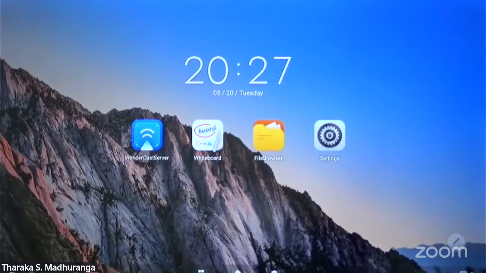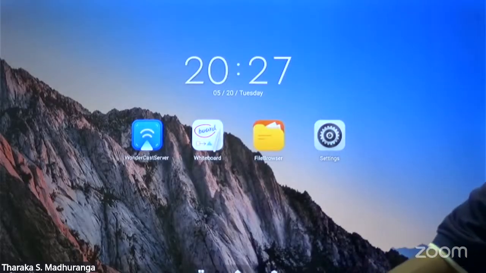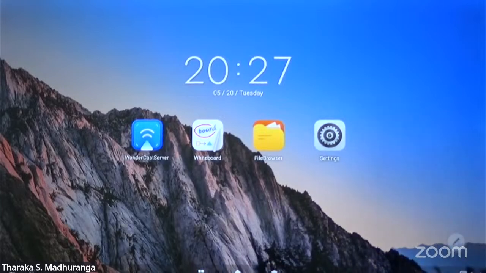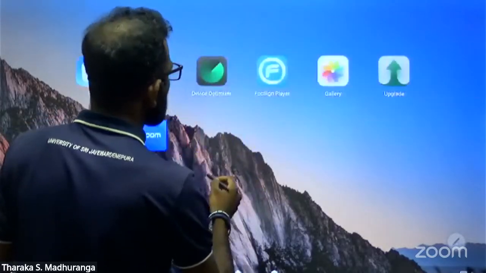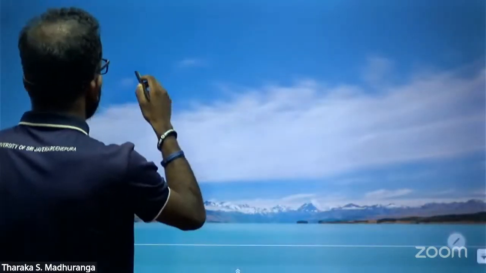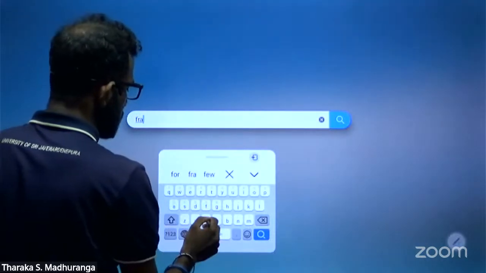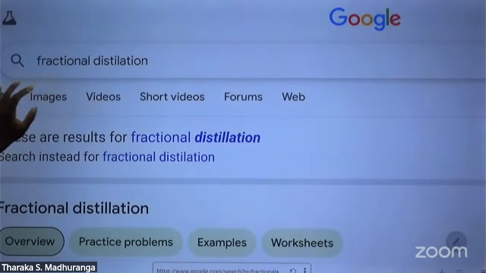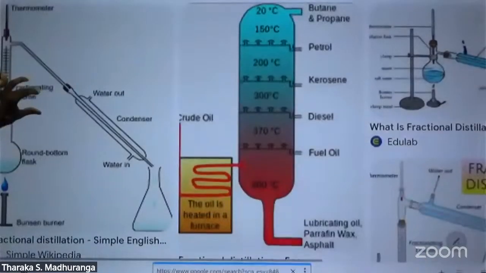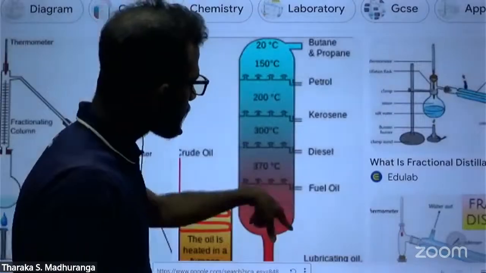Okay, you can see this is the crude oil separation process.